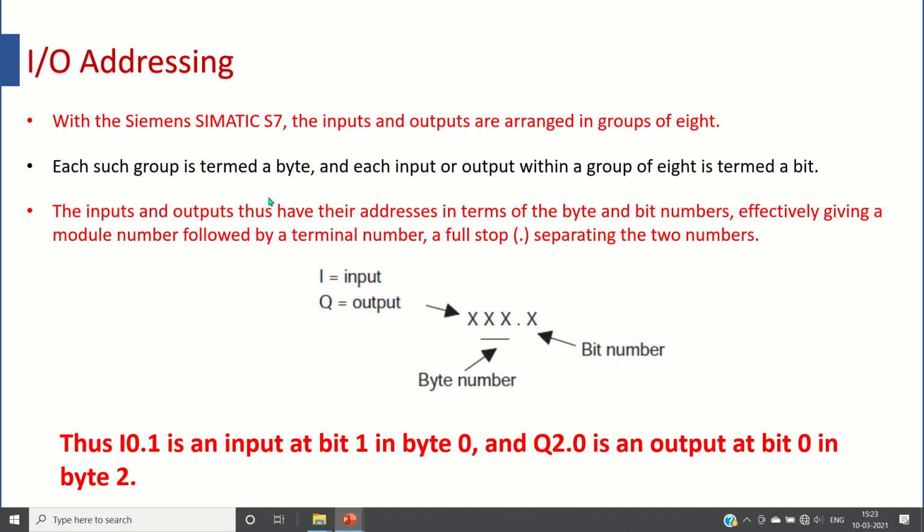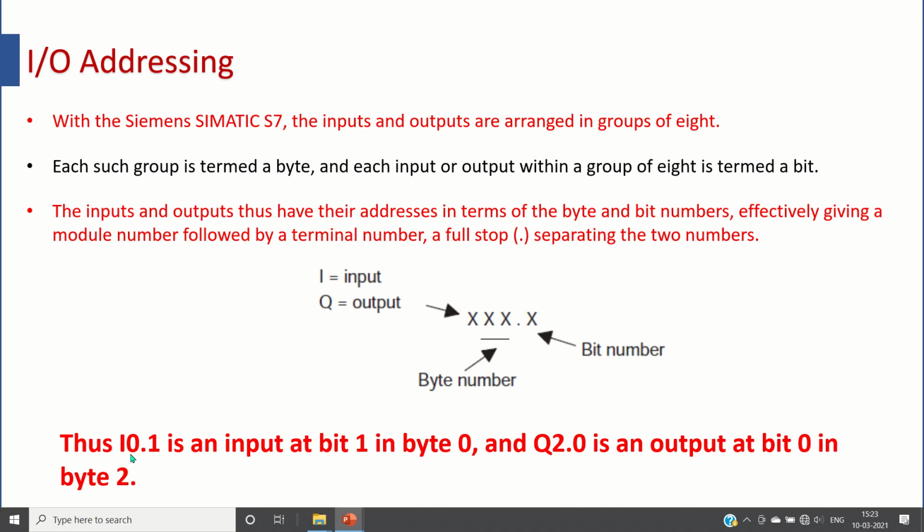The inputs and outputs thus have their address in terms of the byte and bit numbers, effectively giving a module number followed by a terminal number and a full stop separating the two numbers. So this is the byte number, the byte meaning the module number, and then this X is the bit number.